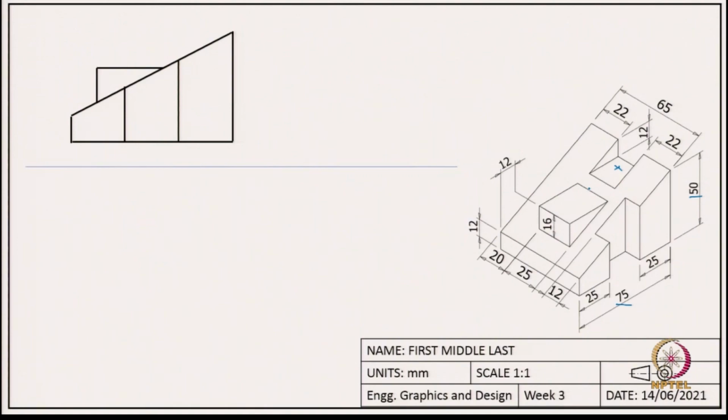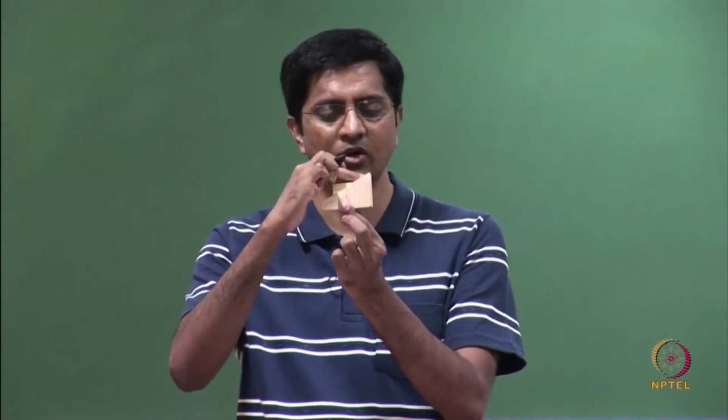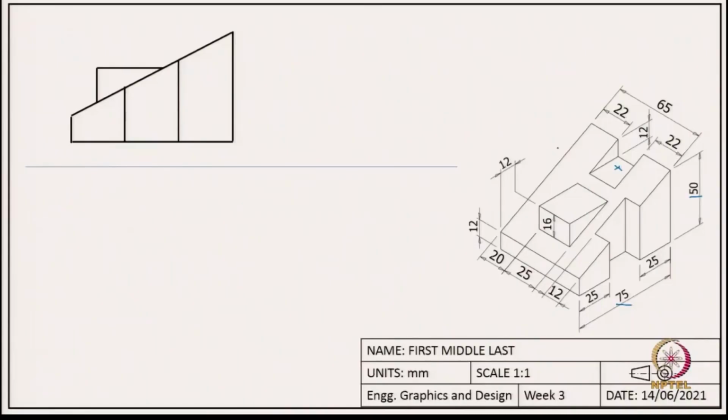Using hidden lines or dashed lines. What do we see about this hidden feature? What we see is only a straight line. And what information do we know about its dimensioning? We know that this distance of 12 tells how far it is from the top edge. So, using that we draw a straight line.